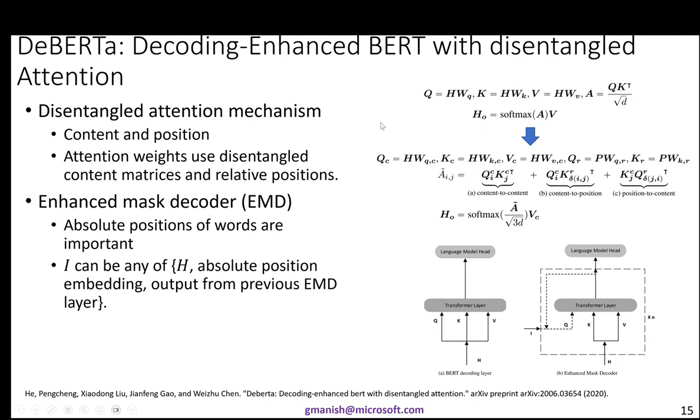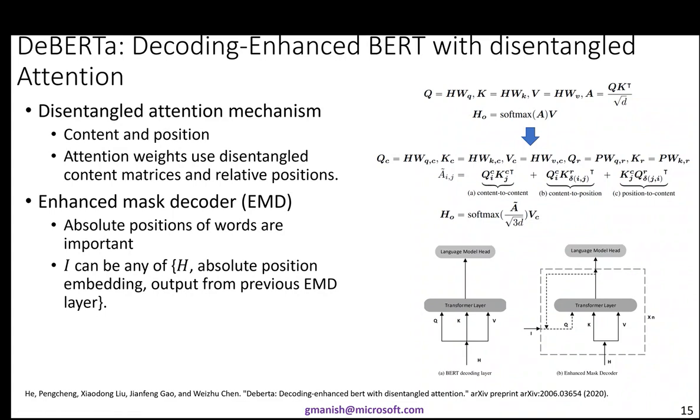So rather than having just QKV, a query, key, value and so on, let's have these separately for content and separately for positions. So they had QC, KC, VC for content, but QR and KR for positions. VR was not really required because there was not much point in computing a revised representation of a position depending on the position.